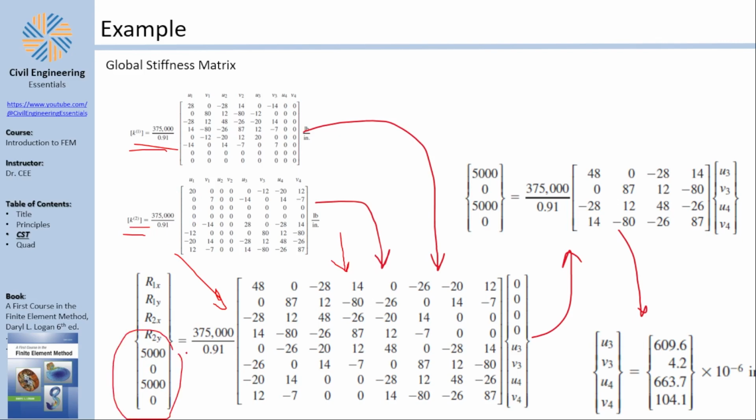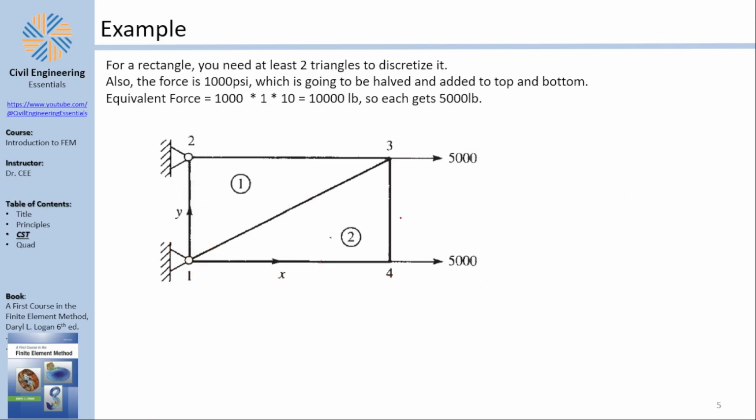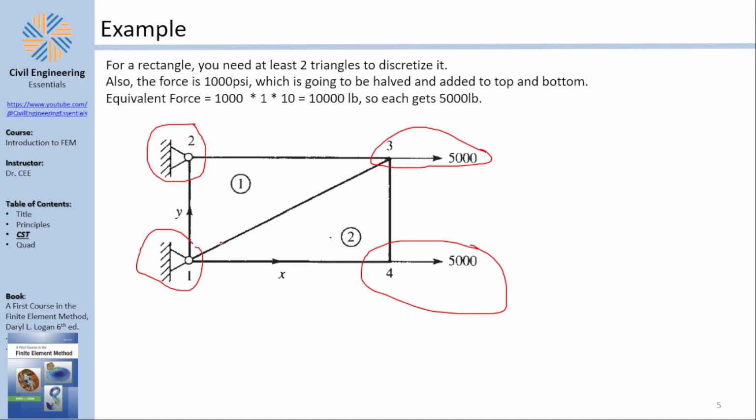You put the forces, you find your boundary conditions, because let me remind you, you have a load in x at 3, load in x at 4, you have a restraint at 2 in both directions, and a restraint at 1 in both directions.